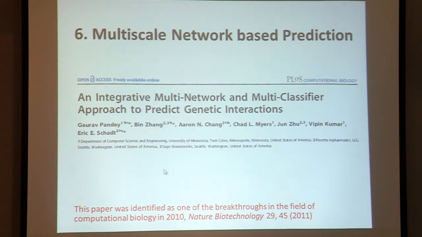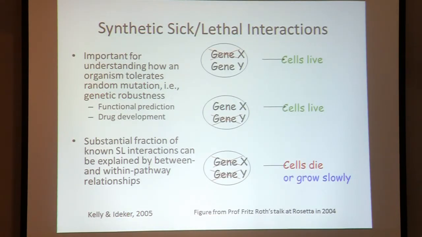This work was identified as one of the breakthroughs in the field of computational biology in 2010 by Nature Biotechnology. The problem we try to solve is to predict synthetic lethal interactions, because this kind of lethality interaction involves a huge number of combinations. So it's not feasible to test every pair of genes for these interactions, and prediction is therefore very important.